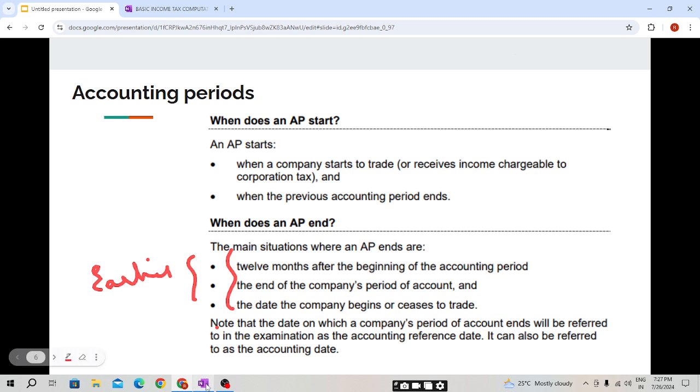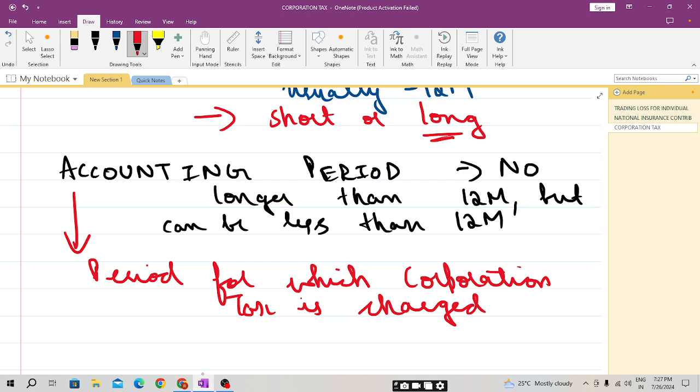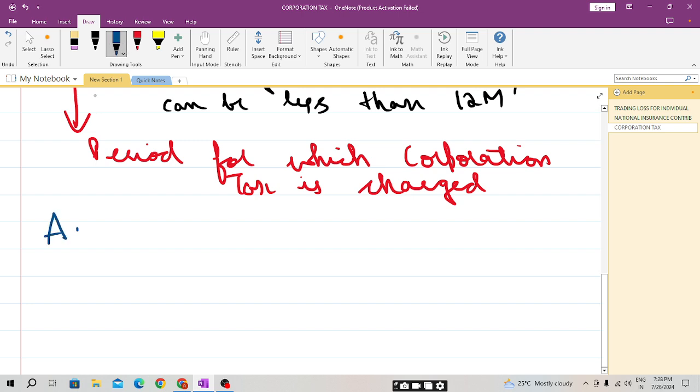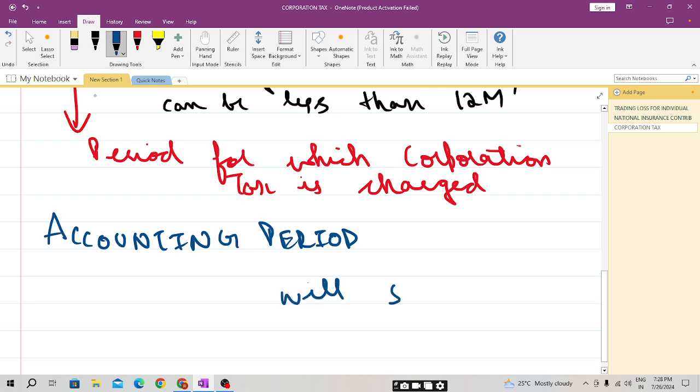So students, we have seen the accounting period. Now the accounting period will start when?